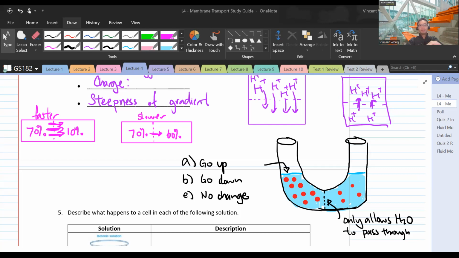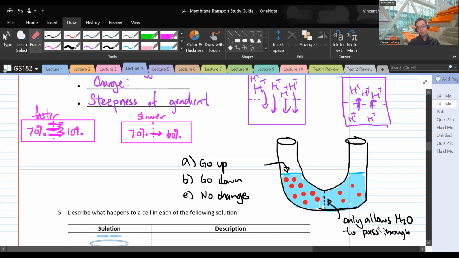All right. So the membrane at the bottom only allows water to pass through, right? So these little red balls are not going anywhere. I'm not asking you where the red balls will go, I'm asking you where the water will go. Because the red solute is not able to move, the only thing that will move is the water.